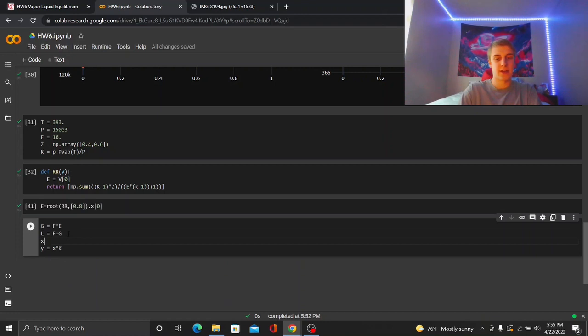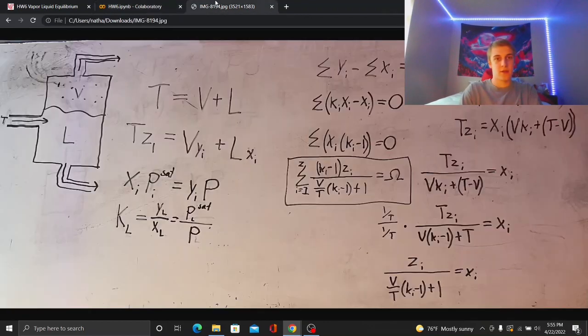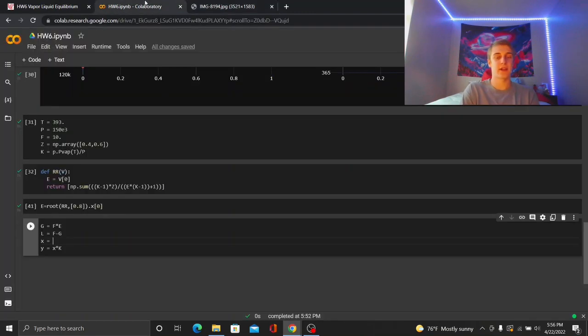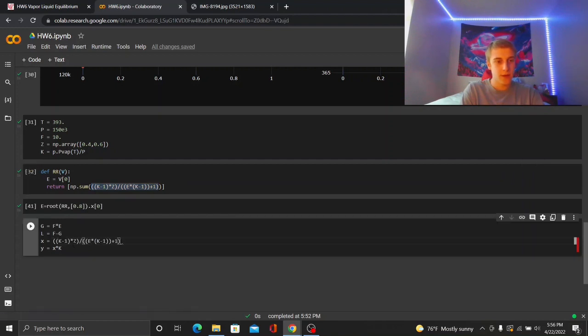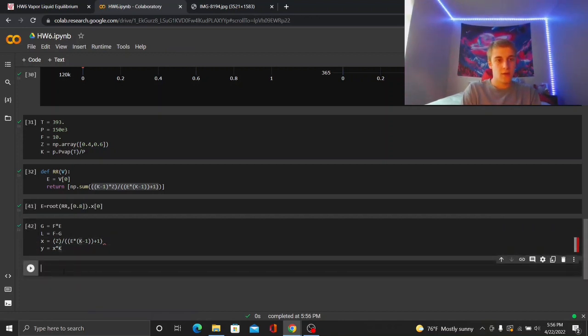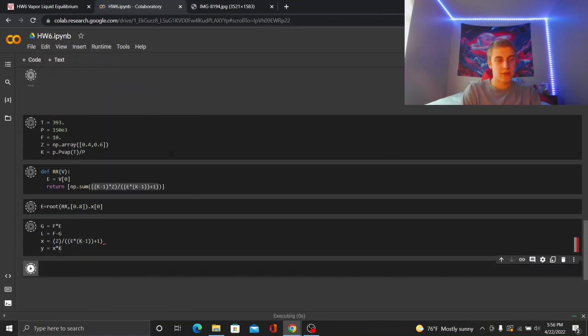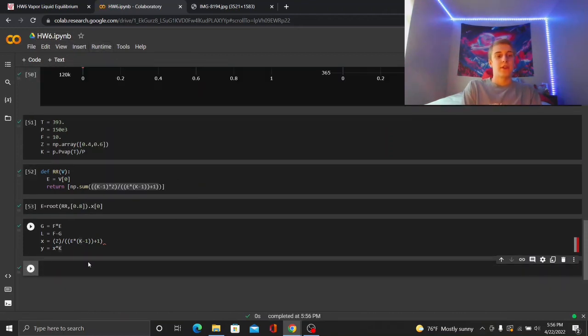And then we just need to define x as well, which our x is just going to use this equation here, which is a lot like our Rachford-Rice equation, but it just doesn't have this K minus 1. So I'm just going to copy it and paste it from up here, and take out this K minus 1. And then I'm just going to run all to make sure that it processes everything.